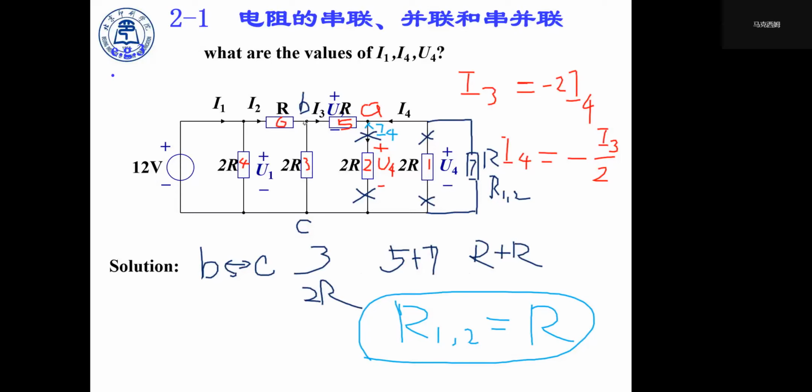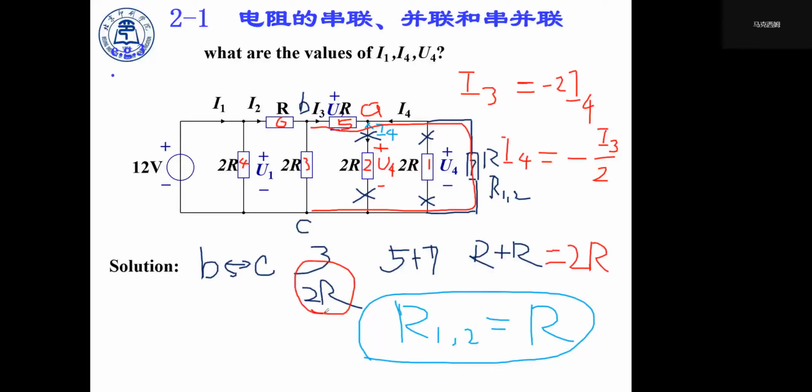So between point B and C, we have resistor 3 and resistors 5 and 7 in series connection. And this branch, the left branch, the resistor 3 branch, has a value of 2R.